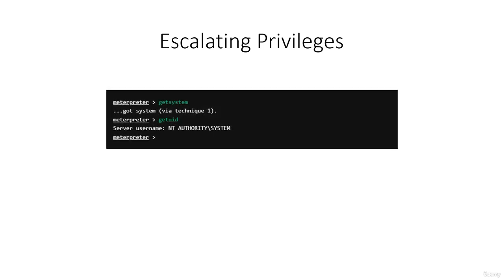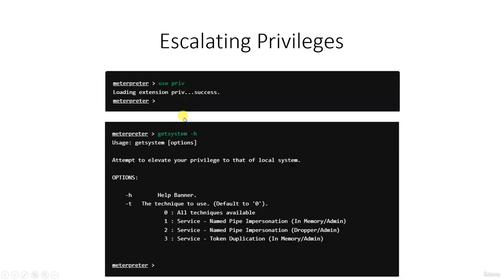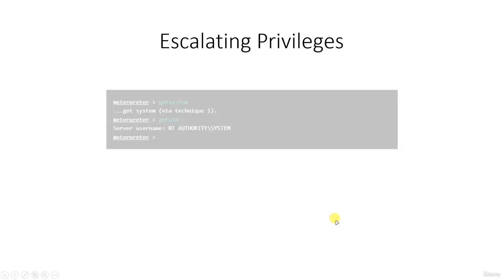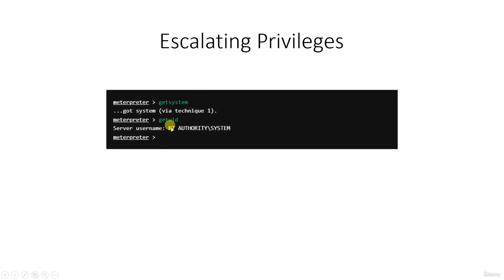As you can see, we got system via technique 1, which is the in-memory admin, and after typing getuid, it gives you the authority system administration with just one simple command.